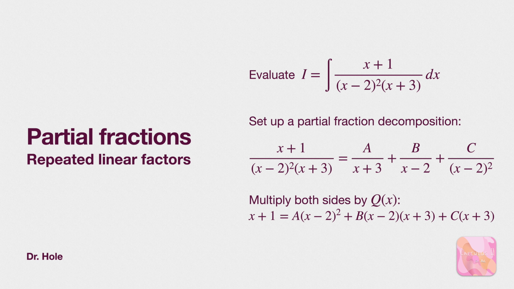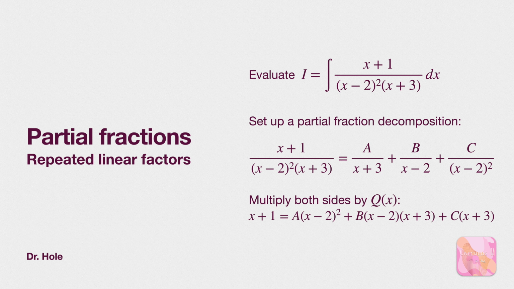So we multiply both sides by q to clear the denominator. We come up with x plus 1 equals a times x minus 2 quantity squared, plus b times x plus 3 times x minus 2, and then c times x plus 3.